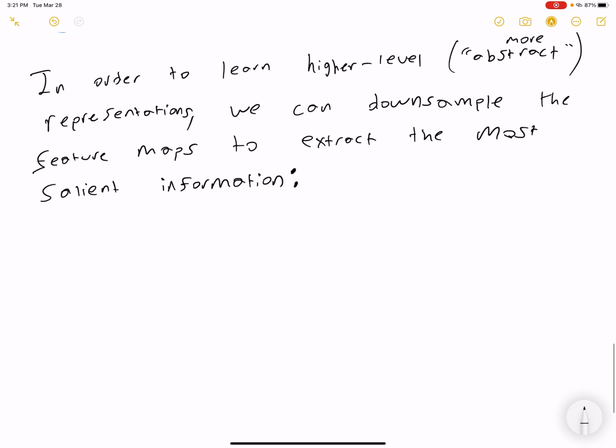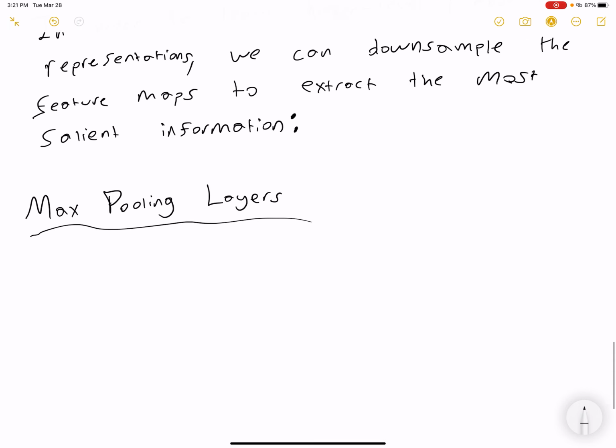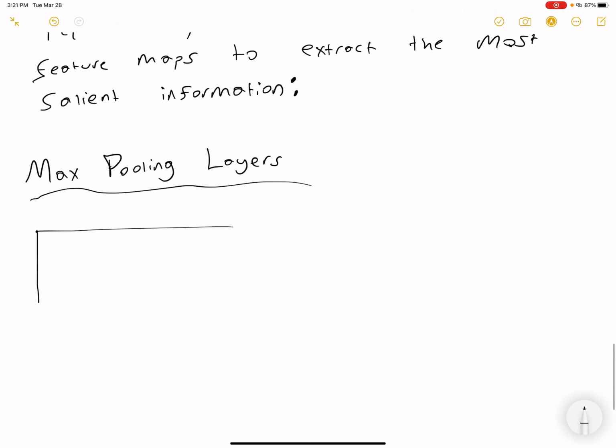And this is called max pooling layers, that are another kind of central part of a CNN. And so max pooling is much simpler than convolutional layers. The easiest way to understand it is just to see an example, I think, than to define it.